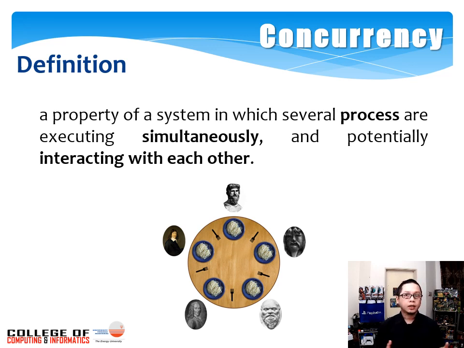So this is where the interaction comes in. Concurrency means that you have multiple processes, and in order for them to finish, they need to interact and communicate so that the OS can keep track of what is going on and so that resources can be given evenly between them.